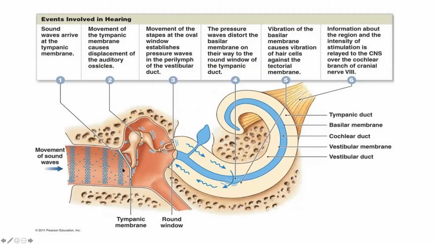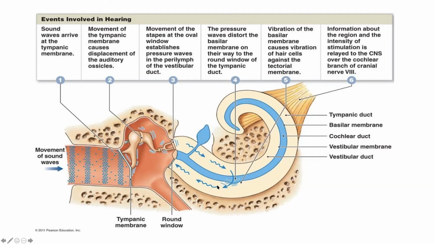So the sound wave comes in, vibrates the tympanic membrane, vibrates the auditory ossicles, vibrates the oval window, sending a pressure wave through the perilymph. Wherever that frequency hits and allows it to cross through the cochlear duct, it displaces the basilar membrane. The basilar membrane then pushes the hair cells up against the tectorial membrane, and that stimulates the nerve.